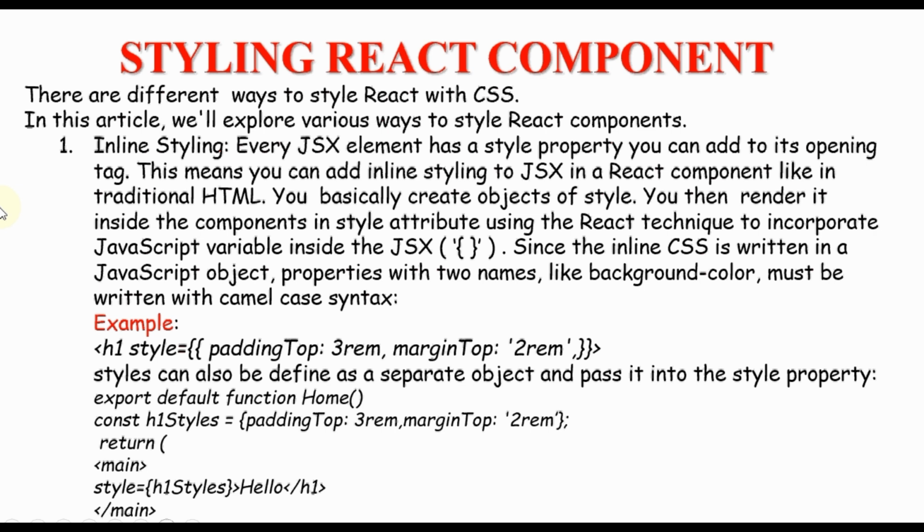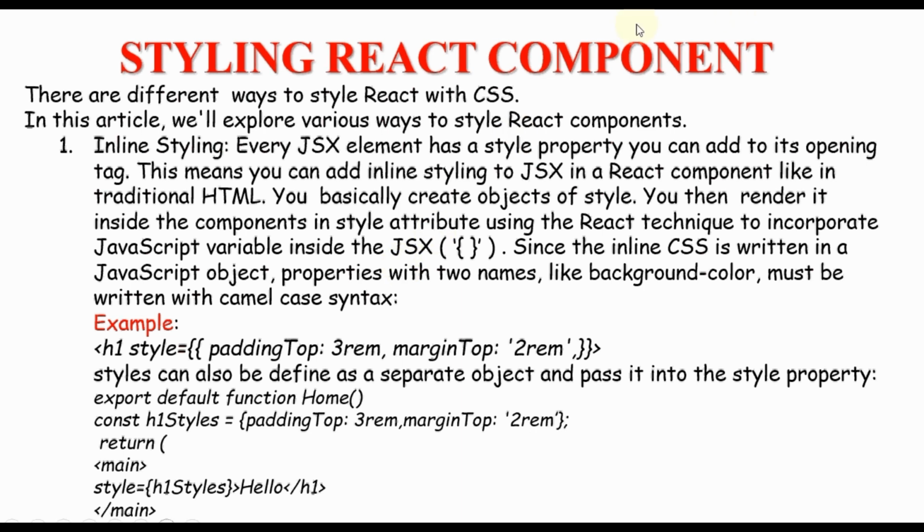So in inline styling in React, you create your style using a JavaScript object, and then incorporate that style in the style property of your JSX, right? Since the inline CSS is written as a JavaScript object, CSS properties that have two words, like background color, will be written using camel case. We can see an example.